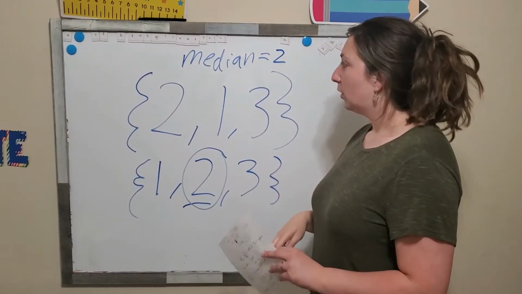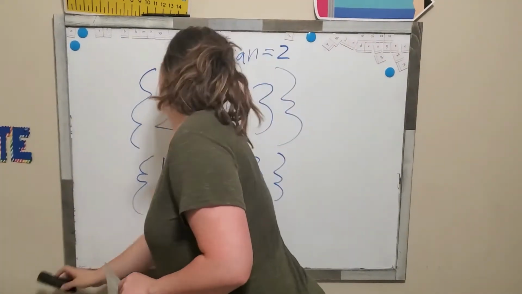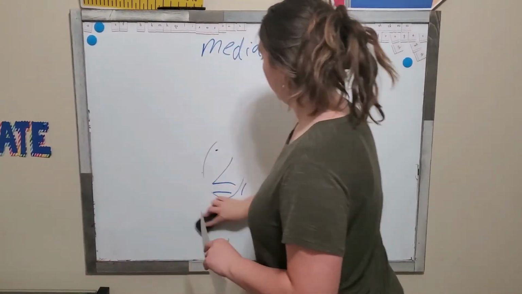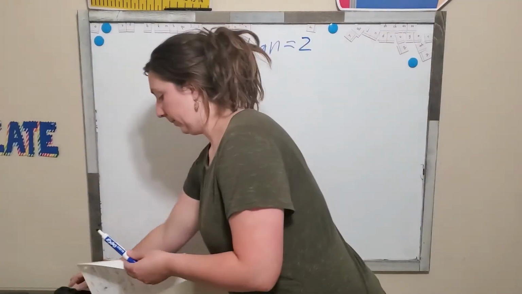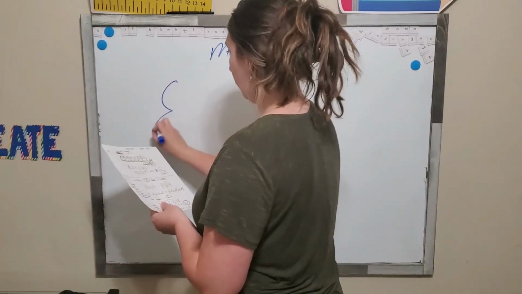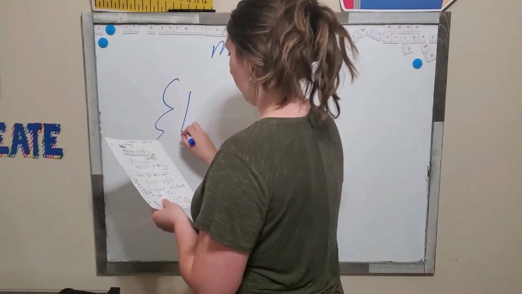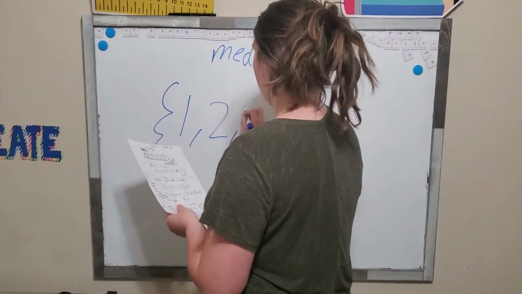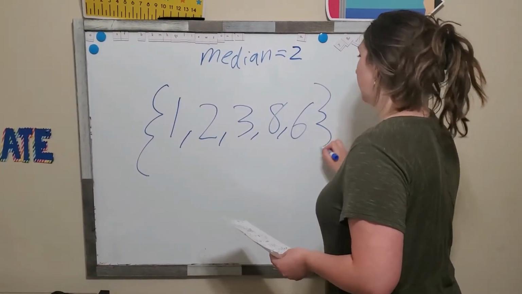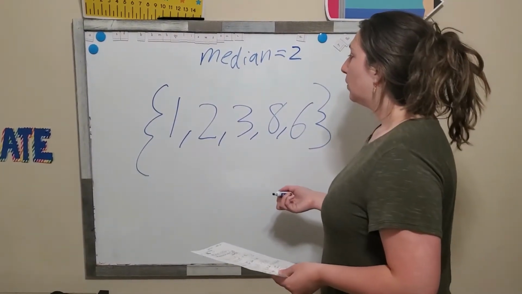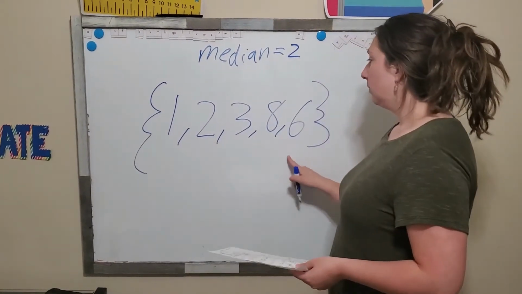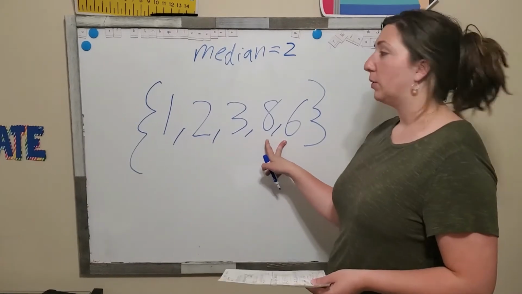Okay, let's try one that's a little harder. Let's do the numbers 1, 2, 3, 8, and 6 in this data set. We've got to put them in order because we see right here these numbers aren't in order.